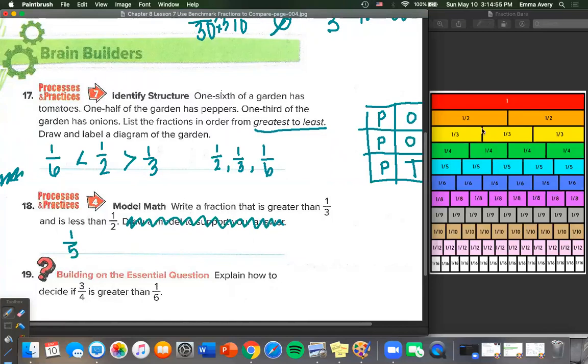We could also say 3/8 or 4/9, and we can keep going. There are an infinite number of fractions between 1/3 and 1/2, and you're not going to have to deal with those all the time. But it's good to know how to figure those out.